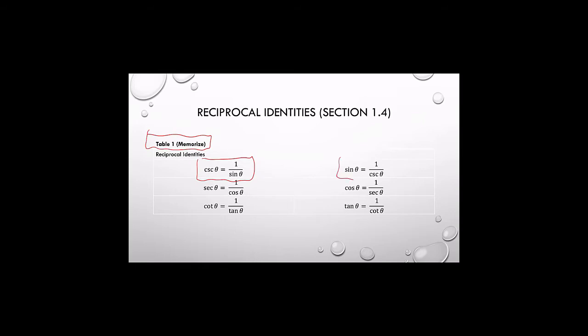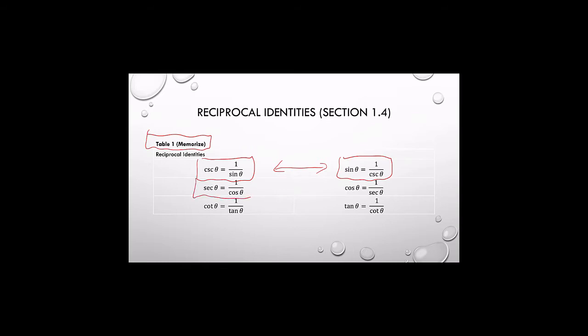Over on the right, we've got the same statement, but it starts with sine and says that sine and cosecant are reciprocal, as cosecant and sine are reciprocal. They're reciprocal to each other. So these pretty much say the same thing. They're saying the reciprocal relationship, but in a different way.